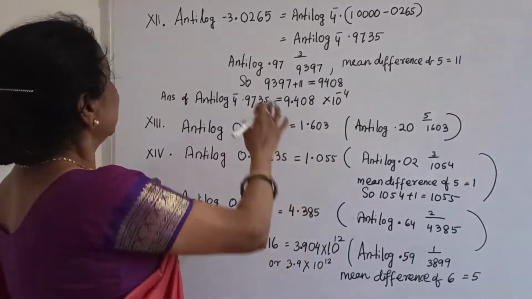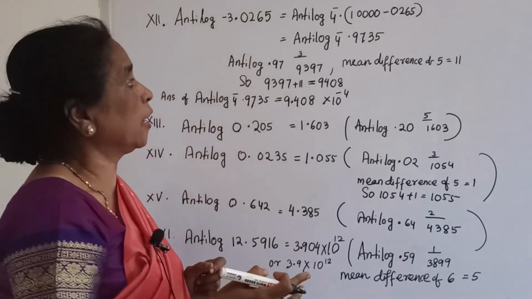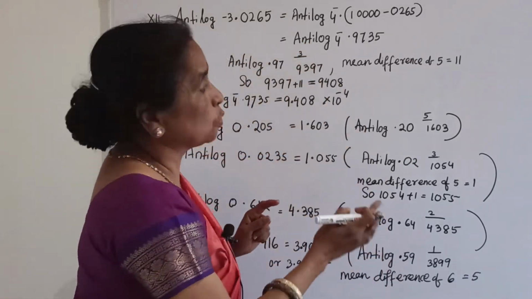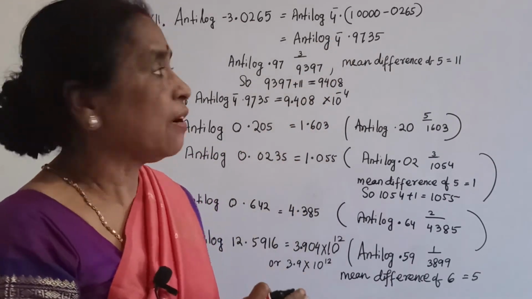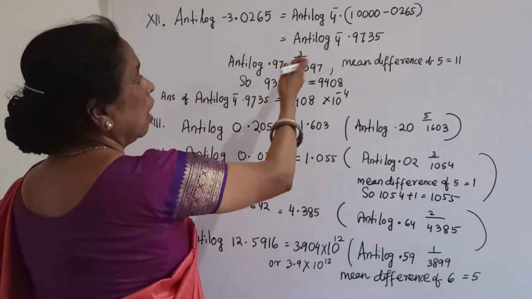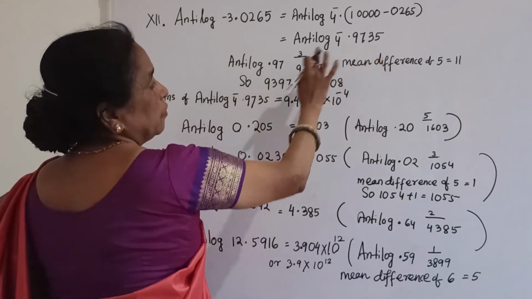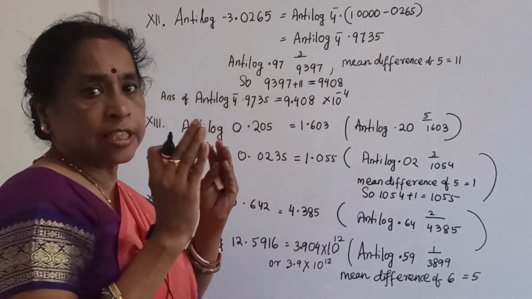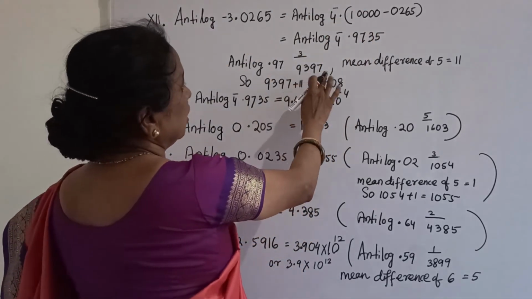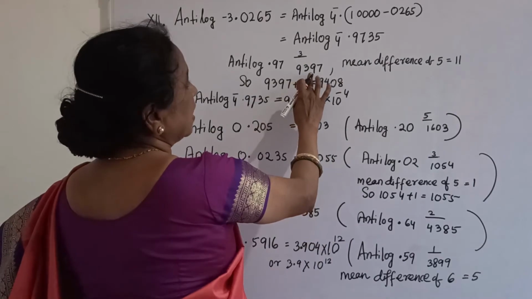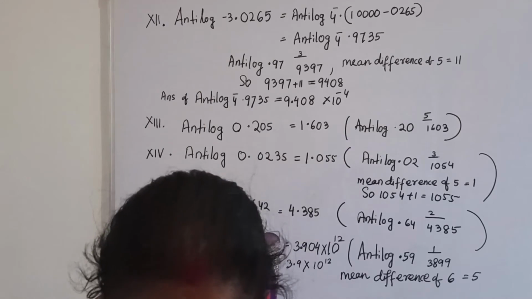Then you will find the question changed to antilog 4 bar 0.9735. Before, the question was antilog of minus 3.0265. Now the question changes to antilog 4 bar 0.9735. So you will find antilog 0.97 and 3, and the value written there is 9397 in the antilog table.